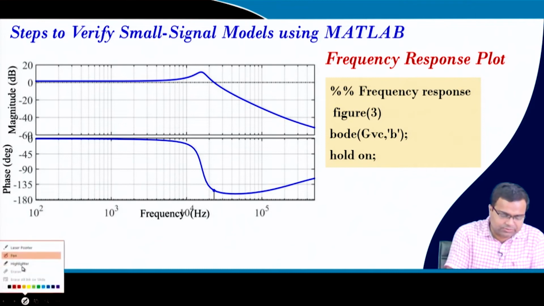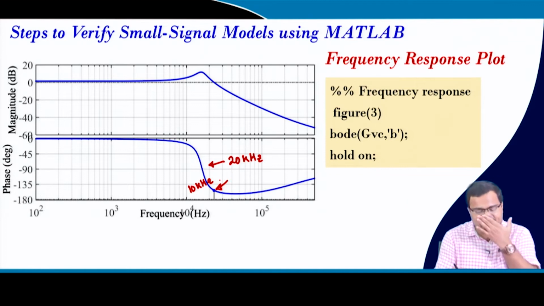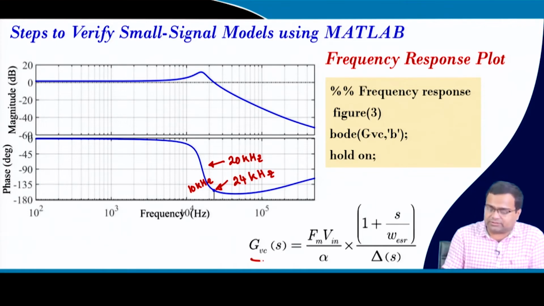That means we can take 20. So this is our 10 kilohertz, this point is our 20 kilohertz, and this point will be roughly 24 kilohertz or so, and this is the transfer function between these.